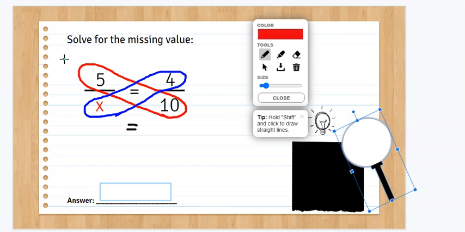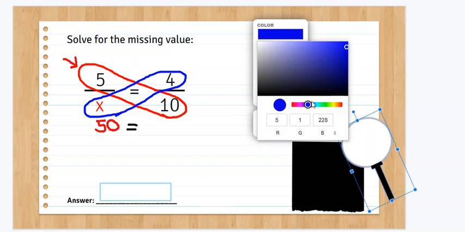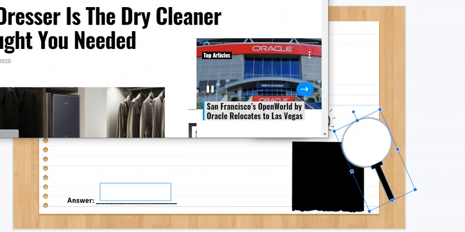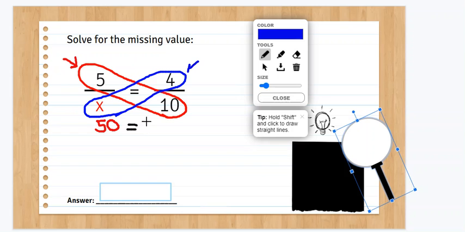So the one without the variable, I'll usually put on the left. So 5 times 10, I know is 50. Okay, and then I look and see what I have on the other diagonal, x times 4. I have 4 times x.